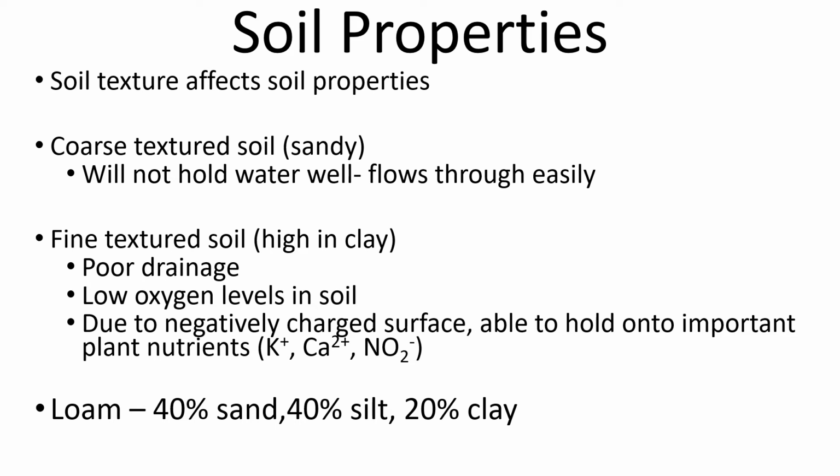Also, clay is negatively charged, so it holds on to plant nutrients, whereas sandy soils really don't hold on to nutrients very well. Depending on what we're using a soil for, for agricultural soil, the best one is loam because it has a mixture of all the kinds of properties. It holds on to water, but not too much. It holds on to nutrients, but not too much, with lots of aeration, etc.